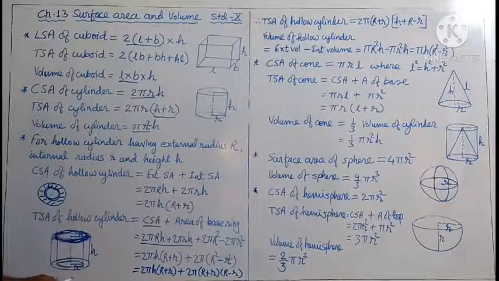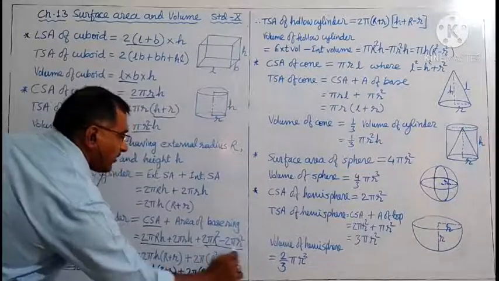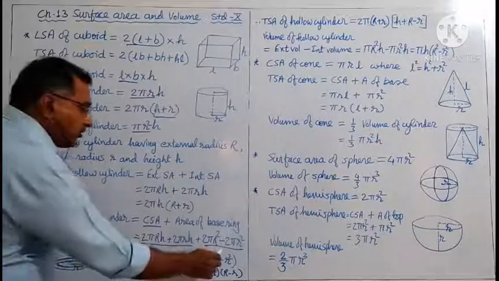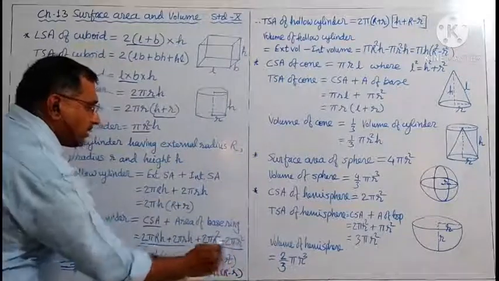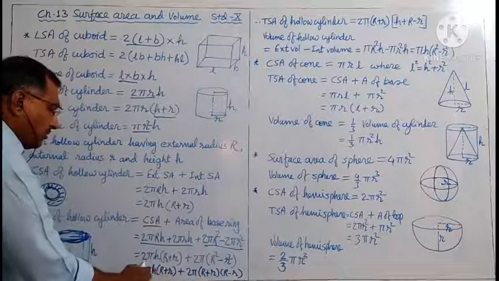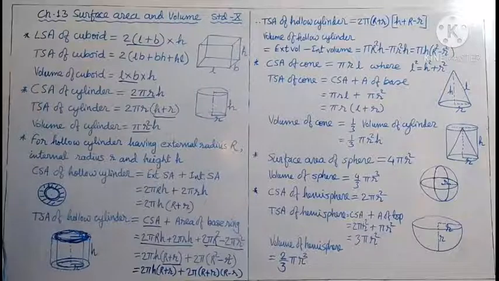So at the top edge, at the same time at the bottom also. So here 2 times pi R square minus 2 times pi r square. So in this now, 2 pi common, so R square minus small r square. So here you can see 2 pi h (capital R plus small r) in bracket.